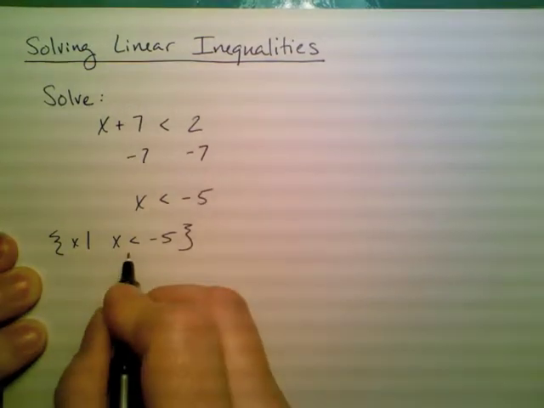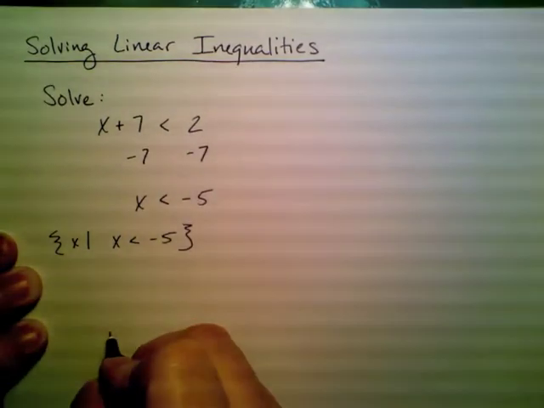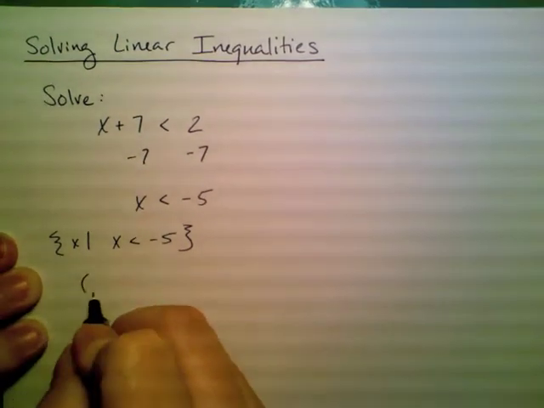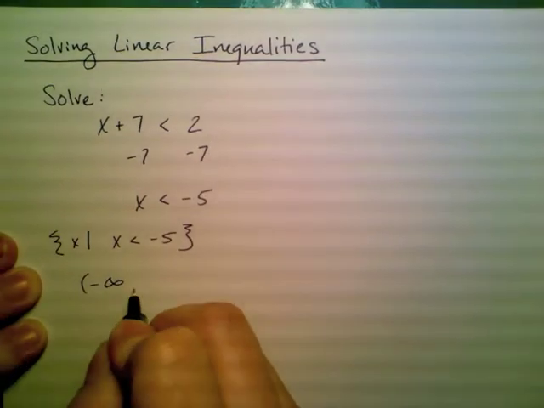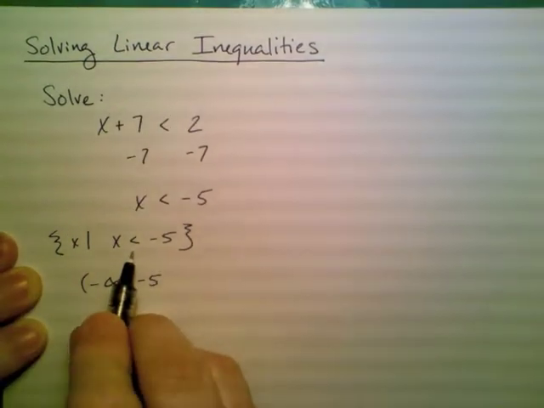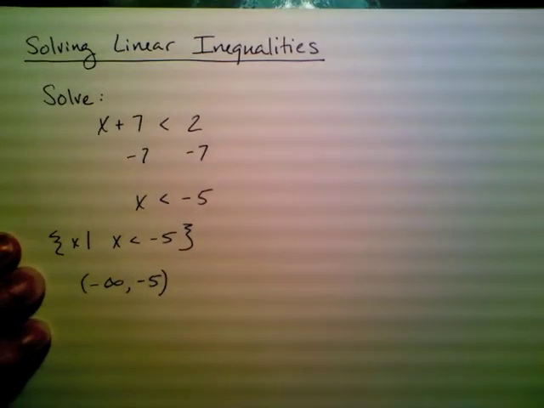And the set of all x's that are less than -5, if I want to put that in interval notation, that's the interval from -infinity to -5, since this is a strict inequality that does not include the endpoint.